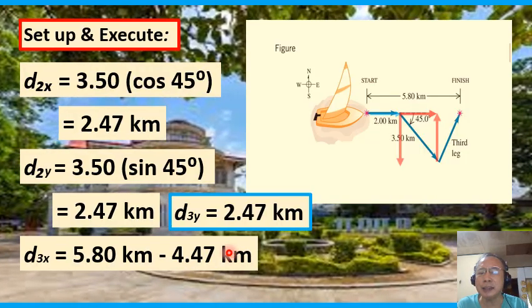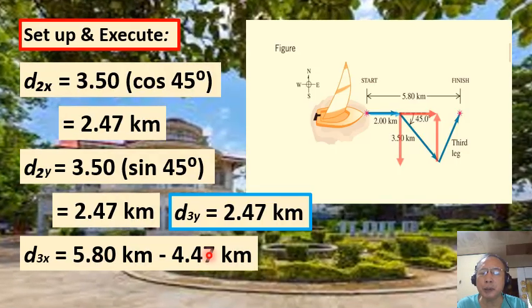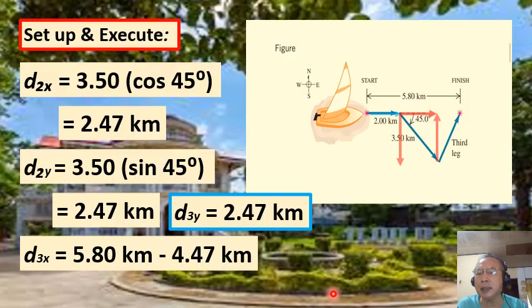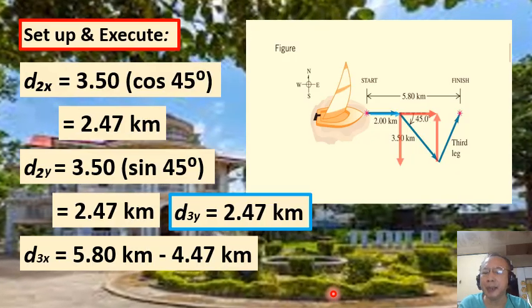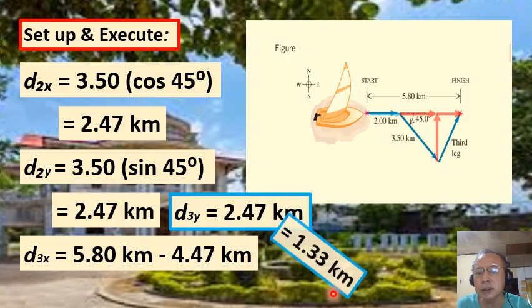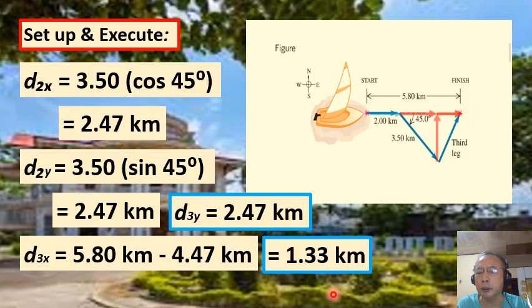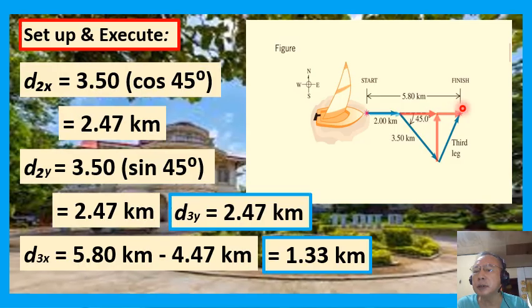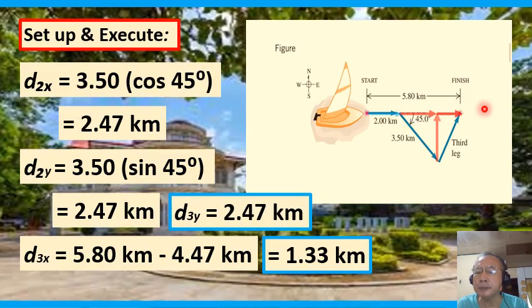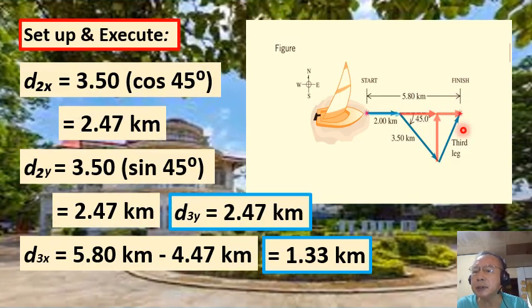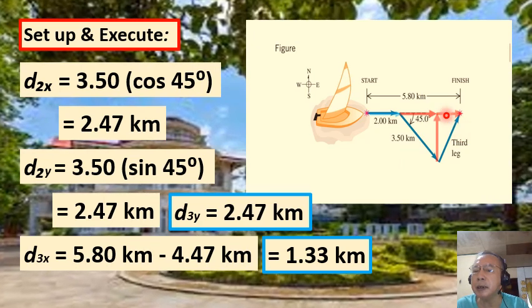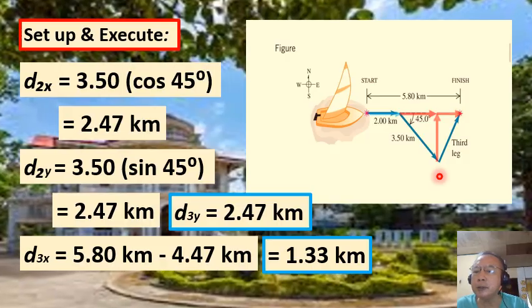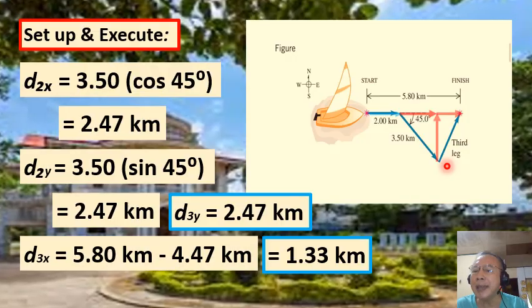If we deduct that from 5.80 kilometers, we get the magnitude of d sub 3x, which is equal to 1.33 kilometers.